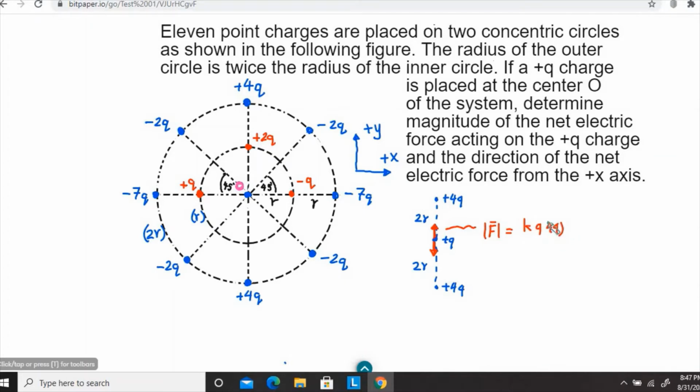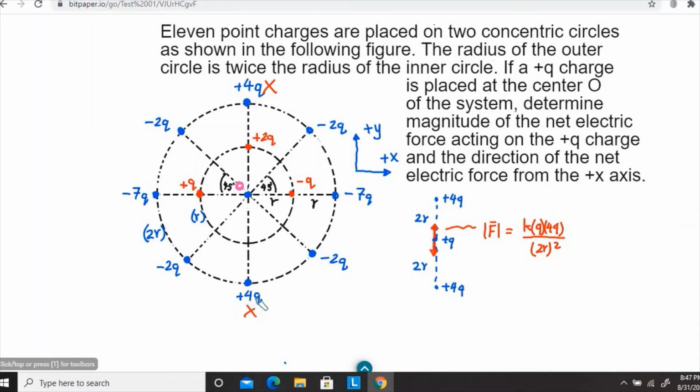Remember, I'm just writing the magnitudes, dropping the signs, divided by the separation squared, (2r) squared. So there's this magnitude in the upward direction and the same magnitude in the downward direction. You have two opposite vectors, they will cancel out. As a result, there's no contribution to the electric force at the central particle from these two charges.